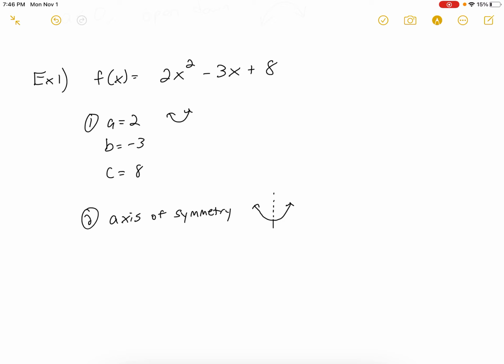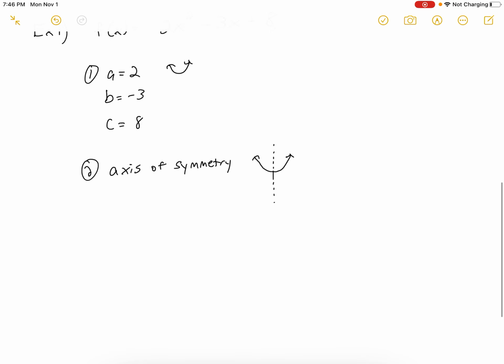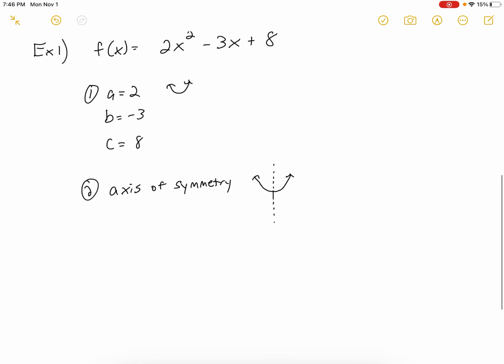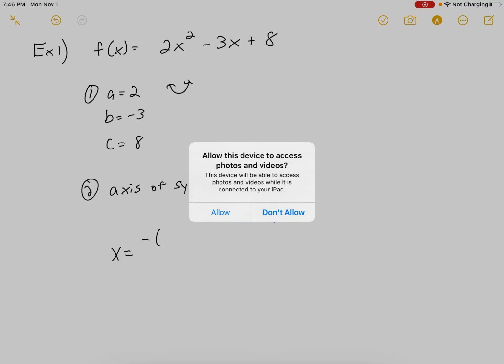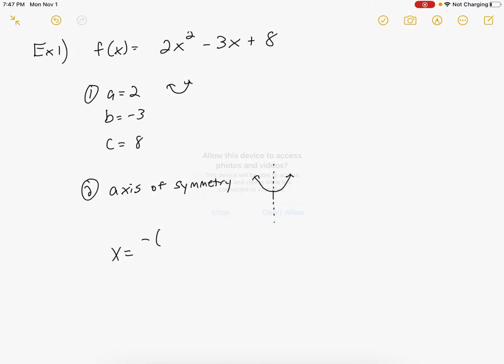So it's going to go right down the middle. Well, this is a vertical line, and so vertical lines are x equals a number. And my axis of symmetry on the quadratic is always x equals negative b divided by 2 times a.